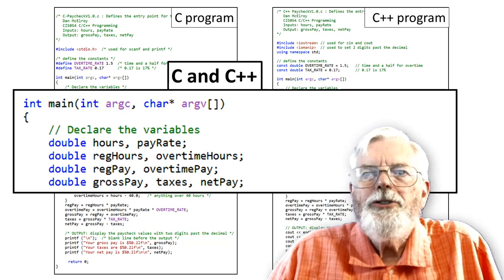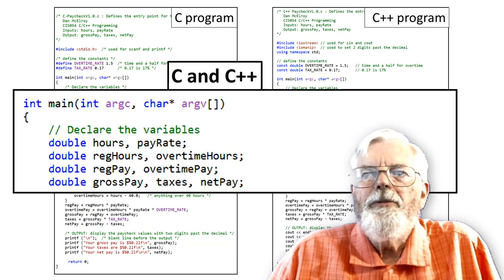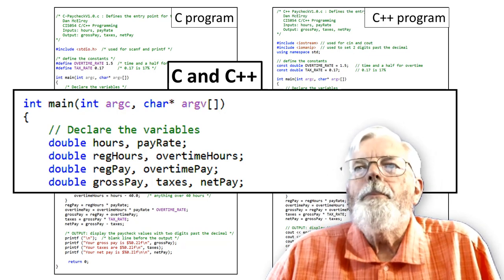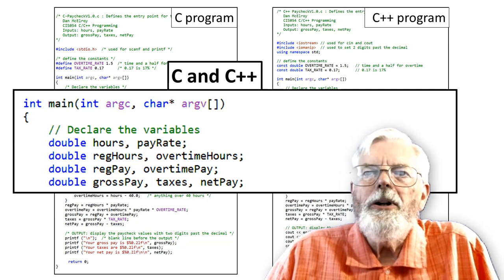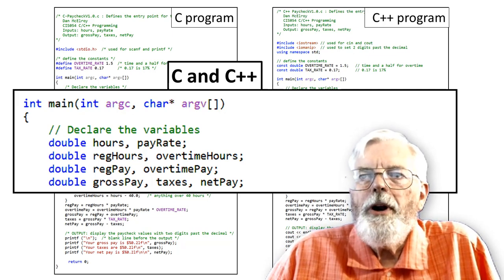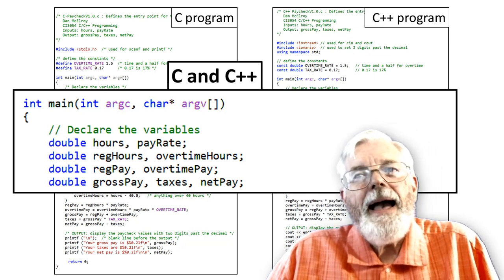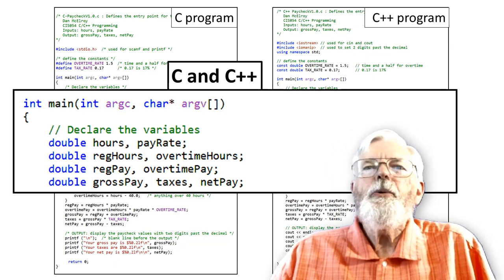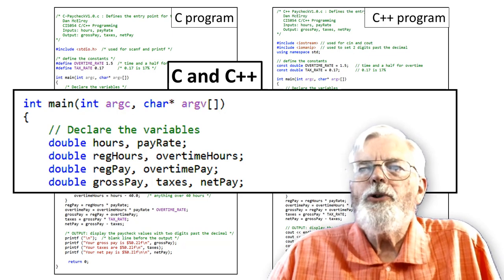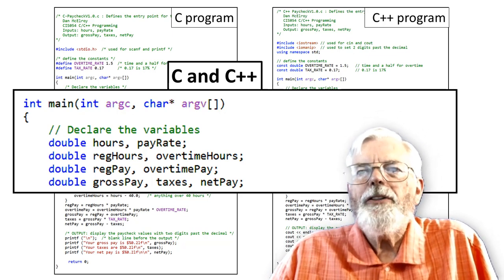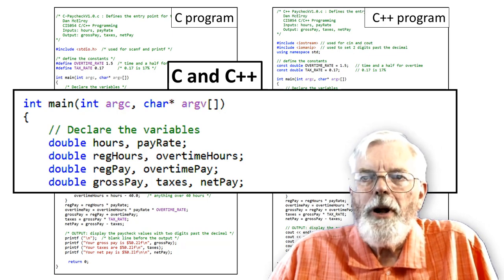This program is using the double data type for variables. The data type int is used for integers, whole numbers. The float and double data types are used for real numbers, which can hold digits past the decimal point. Back in the old days when C was first created, many of the computers only had a small amount of RAM and did not have a built-in math coprocessor to process real numbers.